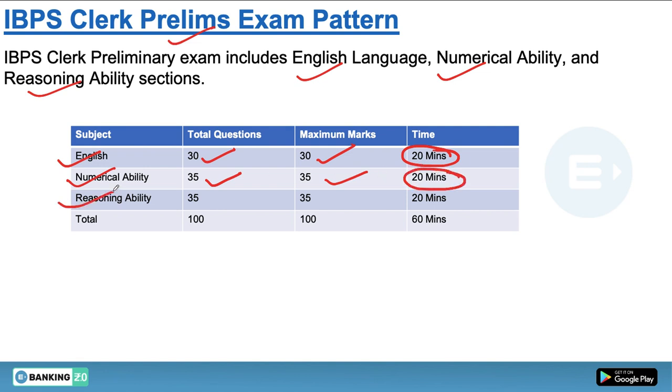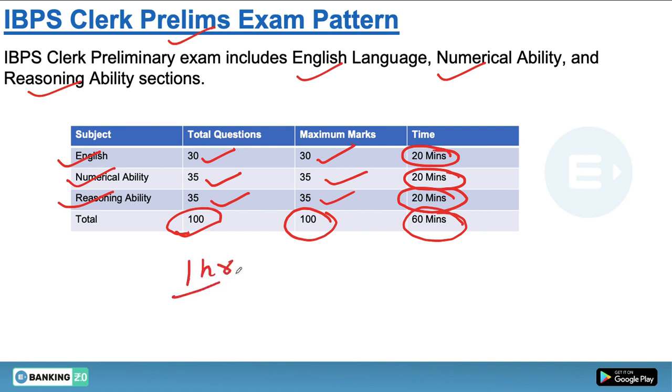For reasoning ability, there are 35 questions, maximum marks are again 35 and the time duration is again the same, 20 minutes. So you can see that in total there will be 100 questions, 100 marks, and the total time duration given is 1 hour, that is 60 minutes.